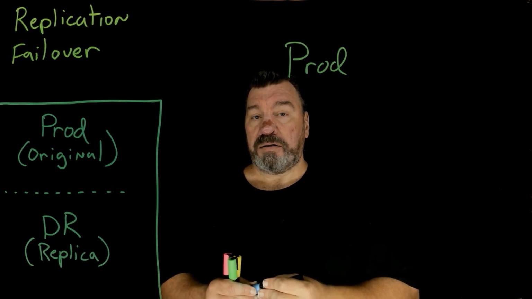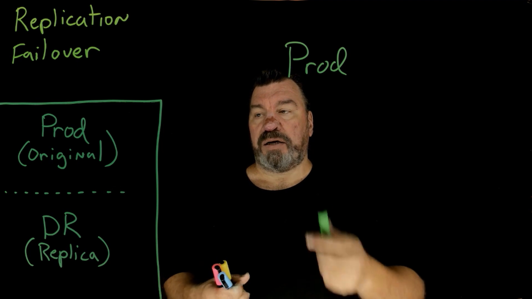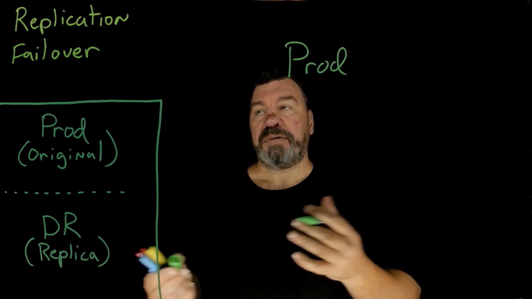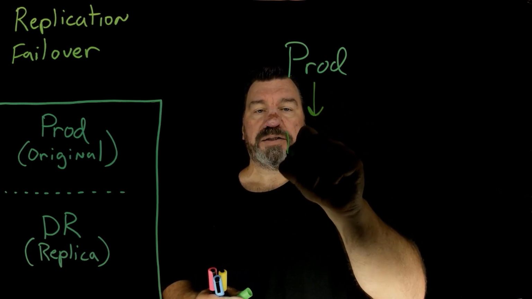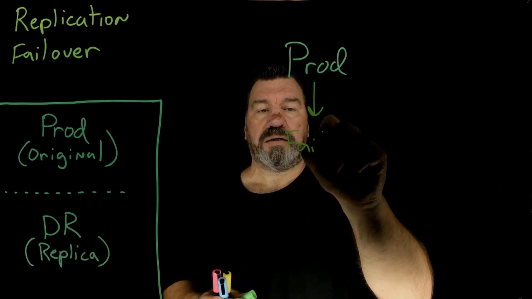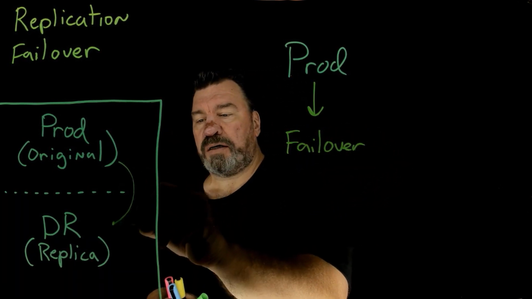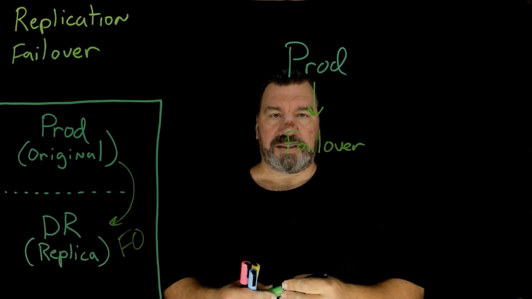Now from here, we've had an event where we have realized that we need to fail over to our DR site. Okay, there's going to be different ideas that we can use, but for the first example, let's just cover failover generally. So at this point, we have failed over to the DR site.